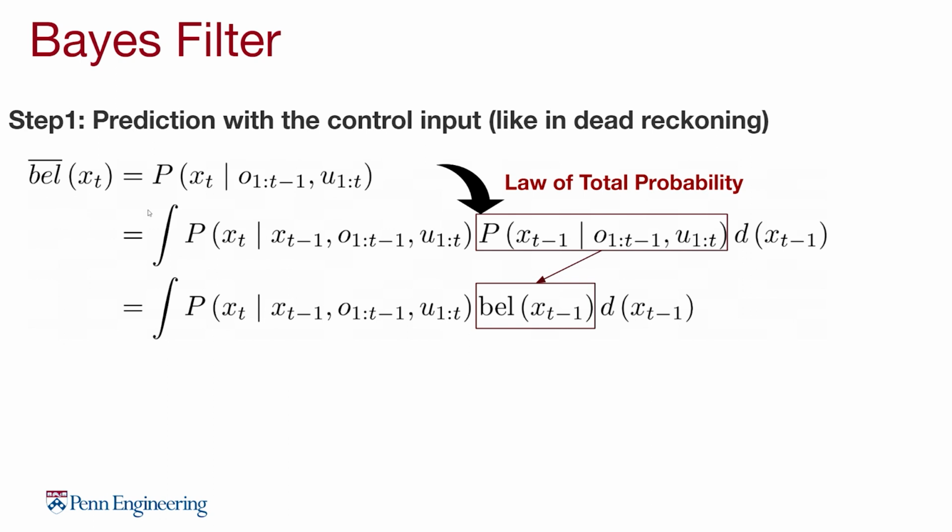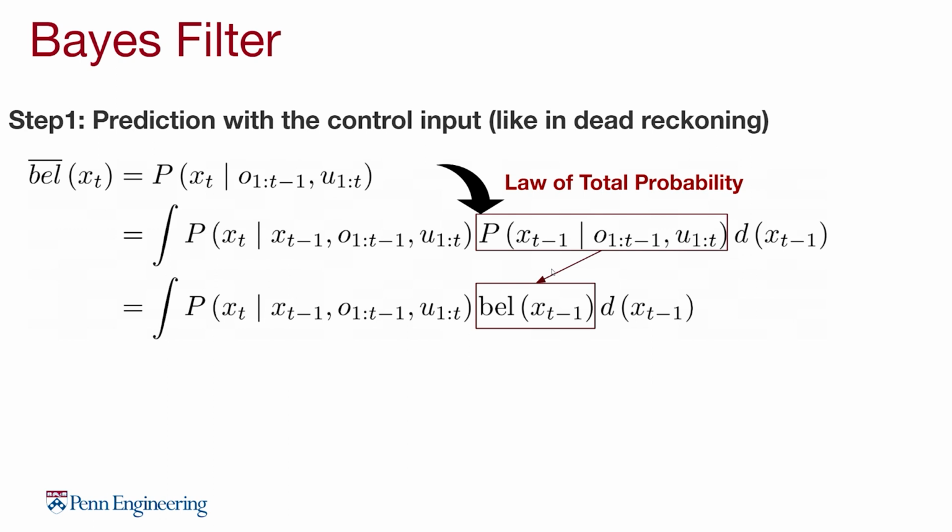The goal here is that we want to estimate the distribution of state x_t, and what we have now is the observations up to time t minus 1, and the control inputs up to t.